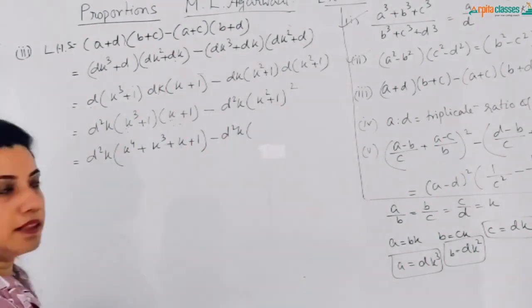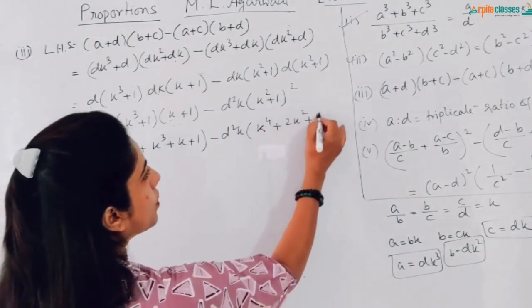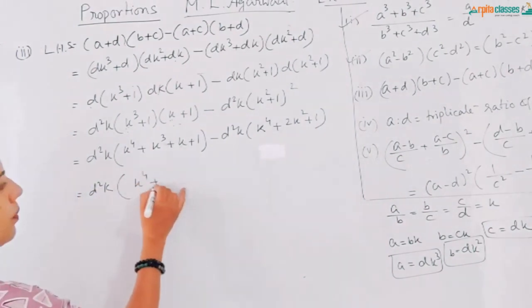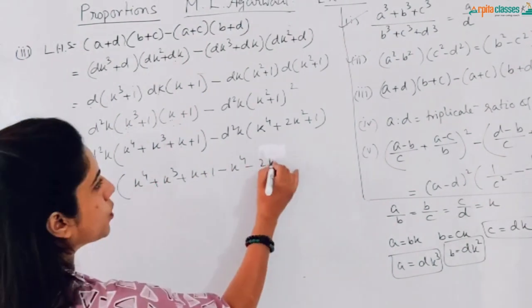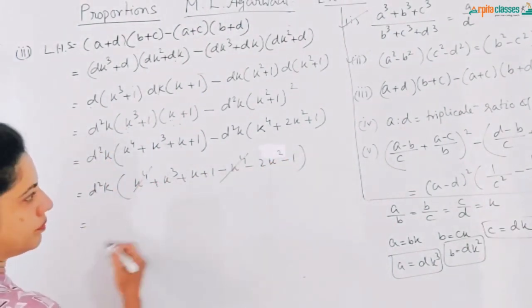Let us expand this (a + b)² formula: k⁴ + 2k² + 1. Now I am taking d²k common. So k⁴ + k³ + k + 1 − k⁴ − 2k² − 1. So k⁴ and k⁴ get cancelled.